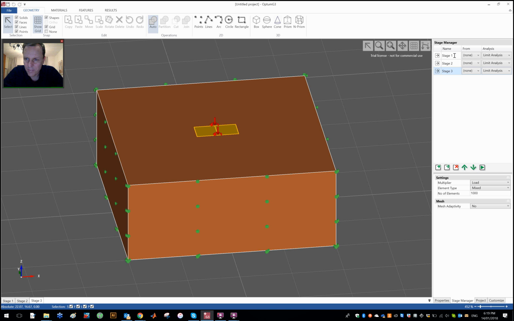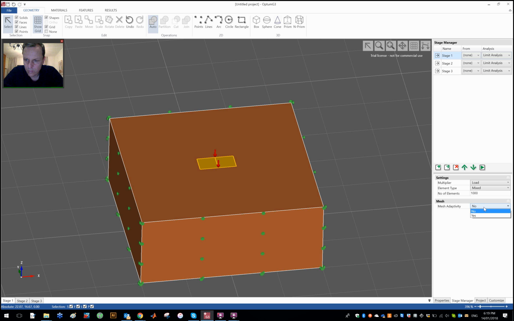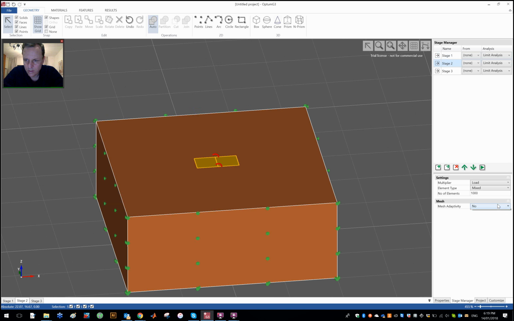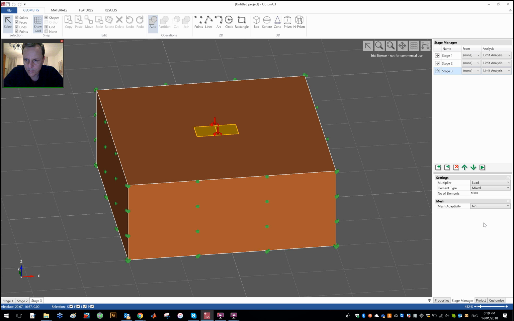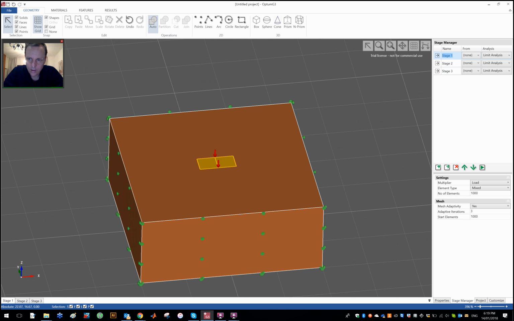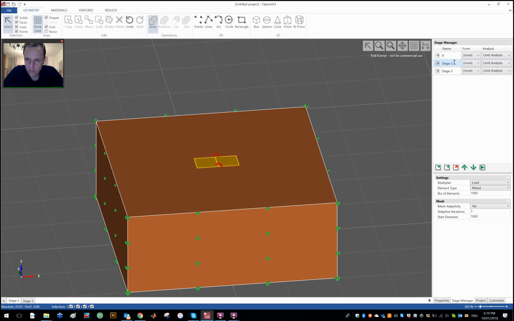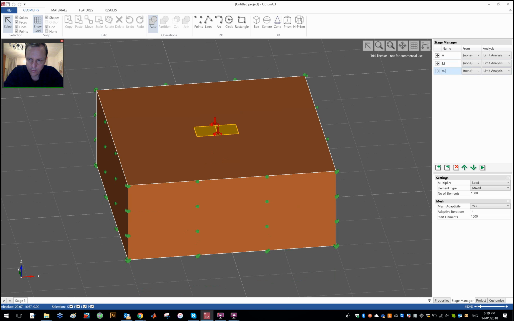I'm again using the mixed element here, and just 1,000 elements, just for demonstration purposes, and with mesh adaptivity as usual. And we can call this V, call this M, and call this VM. Okay, and let's see how it goes.